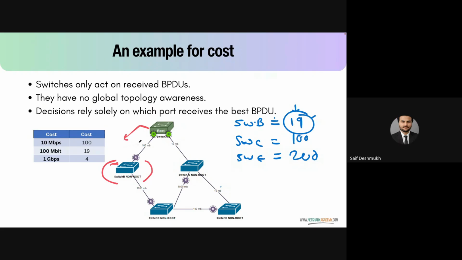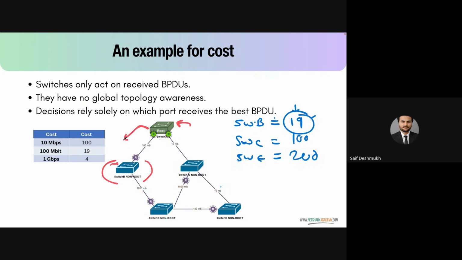No, no. The BPDU contains the cost from the sender's perspective, how far away it is. The root is itself, so how far away am I from myself? 0. Does that make sense?